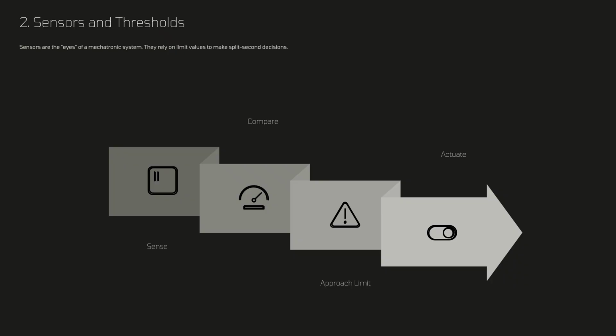Third, approaching the limit. When the value is near or crossing the limit, the system becomes alert. If the obstacle is very close or the temperature is almost too high, the limit has reached the warning stage. Fourth and last, actuate.